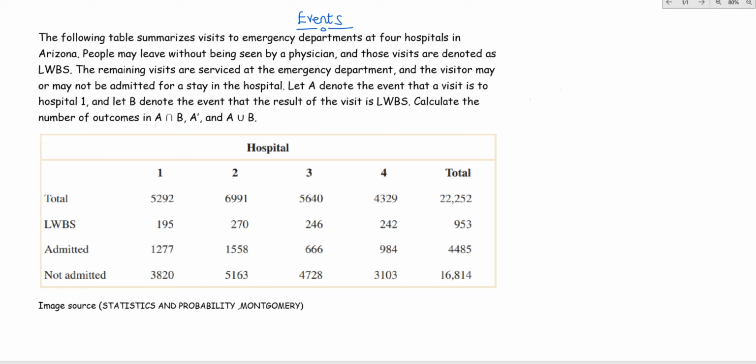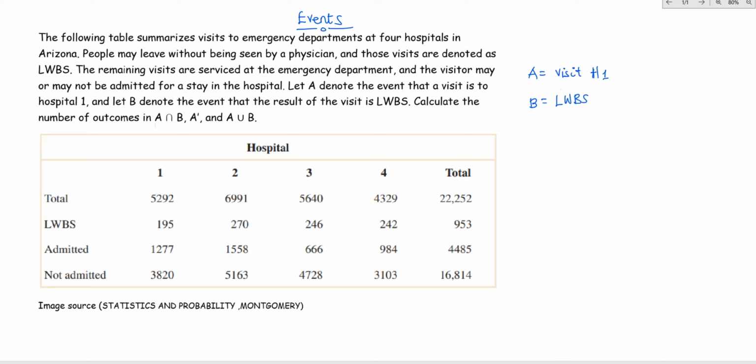In general, we are looking at visits in 4 different hospitals. The question says that we should let A denote the event that a visit is to hospital 1, which I'll denote with H1. And B should be those that left without being seen, so B should be LWBS.